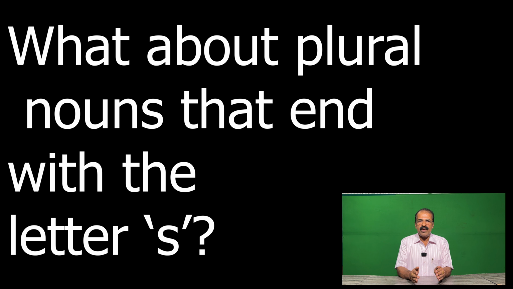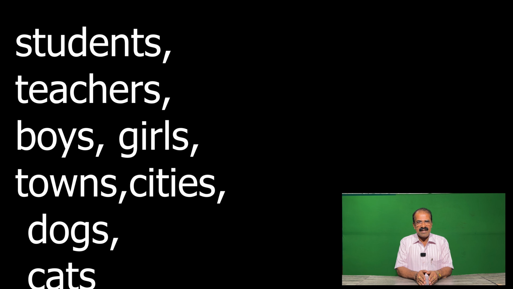Earlier I told you about names which end with S. I made it very clear that even if a name has S as a last letter, apostrophe S has to be used. Now we are going to look at plural nouns that end with S. For example, students, teachers, boys, girls, towns, cities, dogs, cats, and so on.